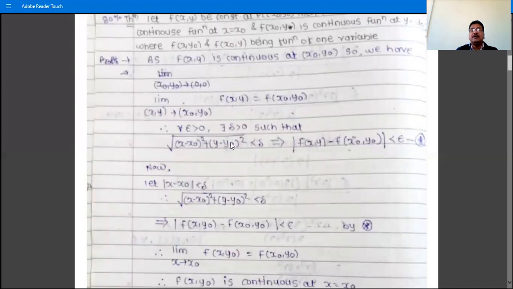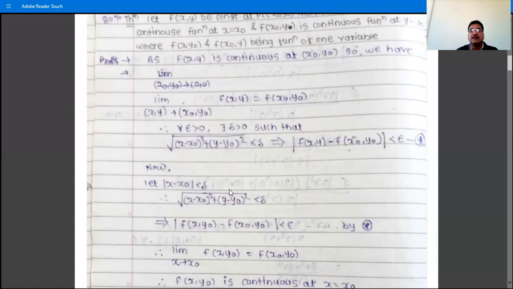And this implies, by using star, here is (x minus x naught) square, here is (y naught minus y naught), just write y as y naught. So what this implies is mod f(x, y naught) minus f(x naught, y naught) is less than epsilon by star. If we have this, then we have this by using star. Here write y naught.